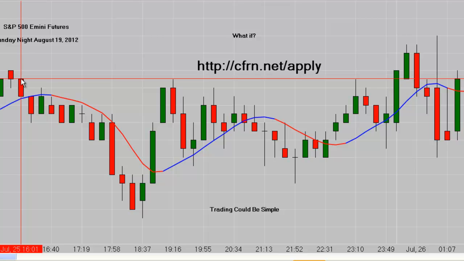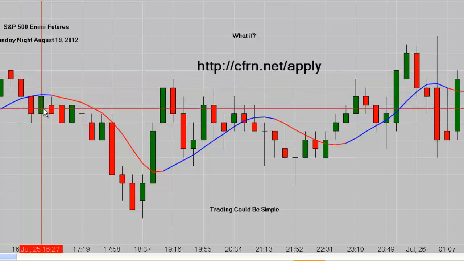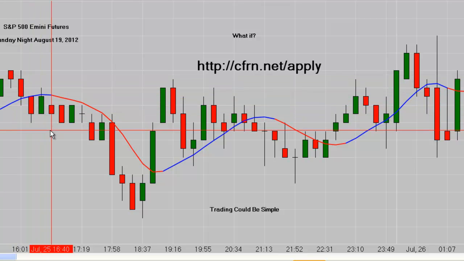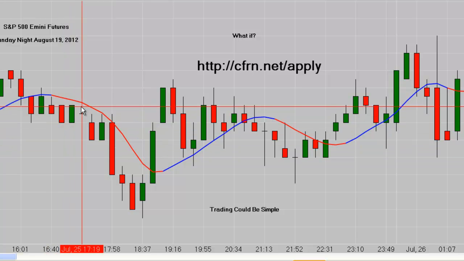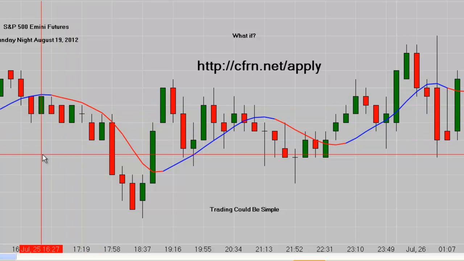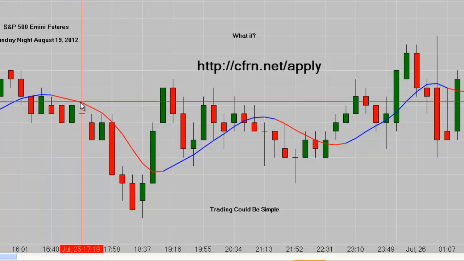All right, we're looking for price to break below the CFMA 1, and then we are looking for price to pull back to the MA 1. Okay, now if you look right here on my screen, that price is 1334.58.